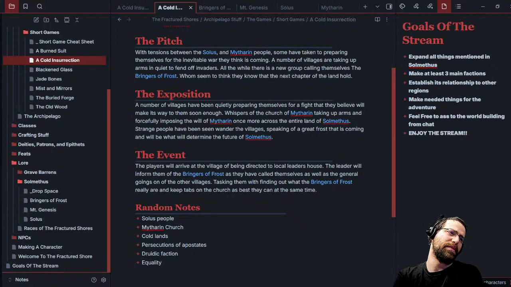Mediterranean is technically accurate still. The problem is that it has overlap with the Grave Barons, or sorry, with the dynasty, which is where the Latin comes in.